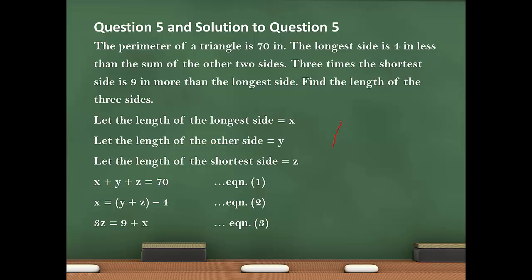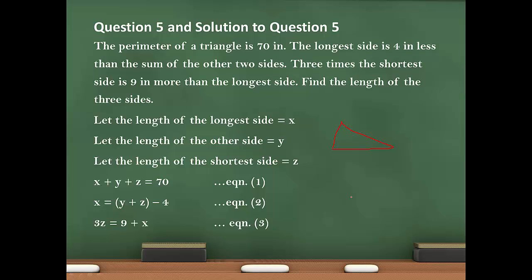We have a longest side, medium side, and shortest side. Perimeter means total distance around the triangle, so x plus y plus z is 70. That gives you equation 1.